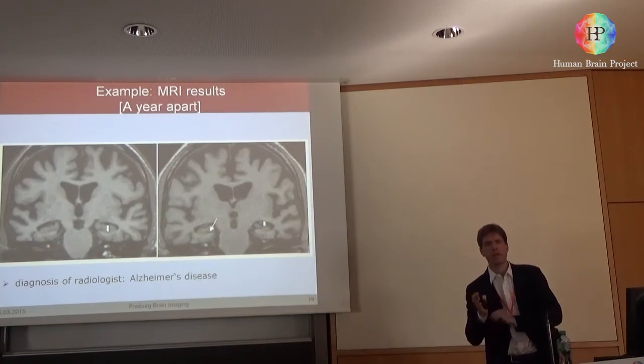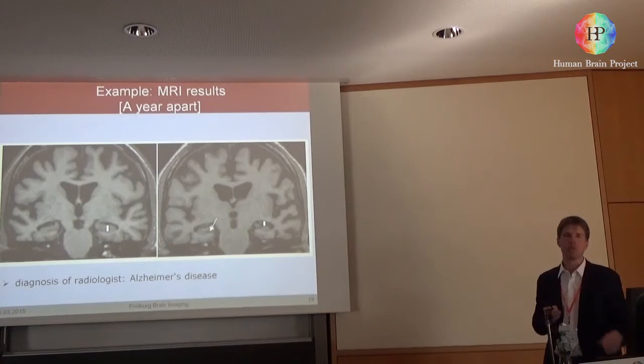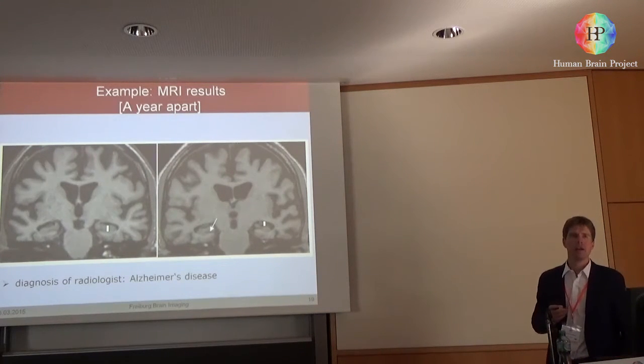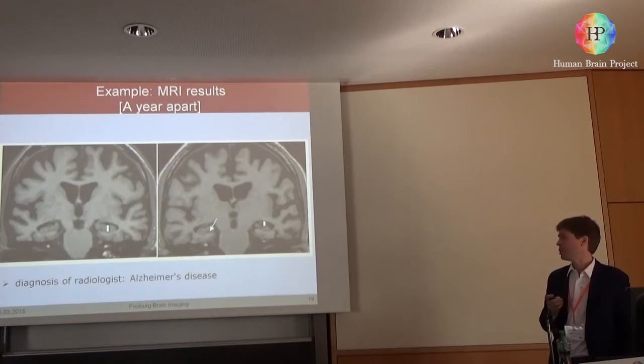And maybe you can see already that this is quite tricky, and this may be the reason why the level of accuracy correlates so much with the level of experience that the radiologists have.